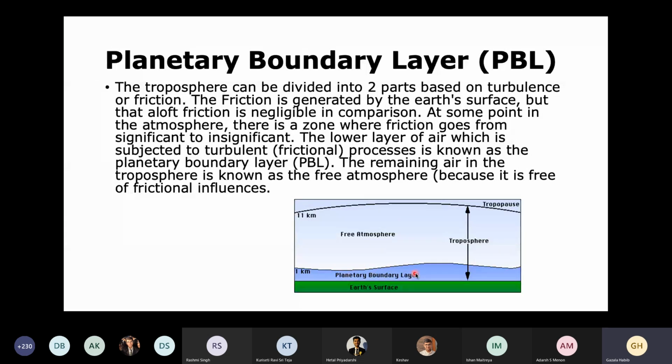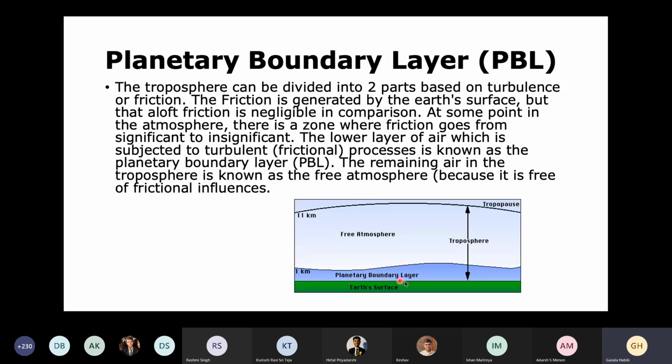Because whatever happens in this layer in terms of pollution, that affects the earth's surface. Okay, above this layer the free atmosphere is there, which does not actually affect us much. So we basically bother about the planetary boundary layer, which is within 1 kilometer of the Earth's surface.